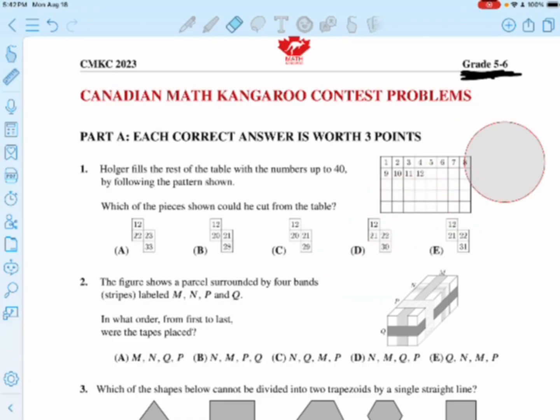Another way you could do it, it's a bit more complicated, but please listen. This is a +8 jump from 1 to 9, from the top square to the next square at the bottom of it. So if we apply that knowledge to this question, that means the next jump is going to be +8. So that means this would be 20. And then this next would be 21.